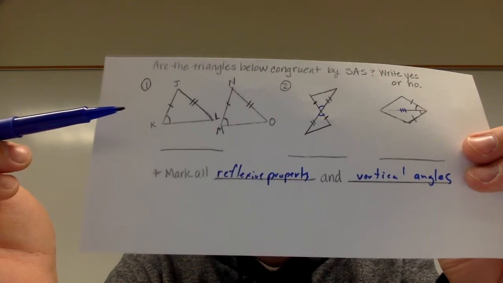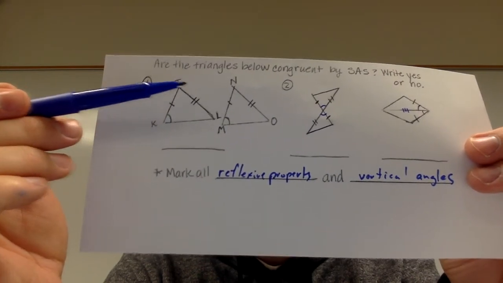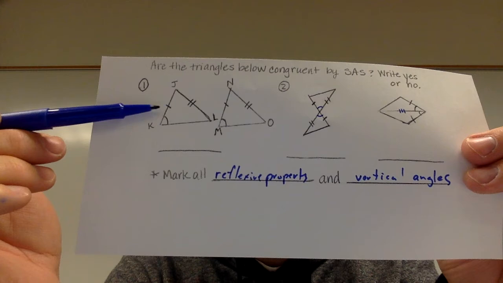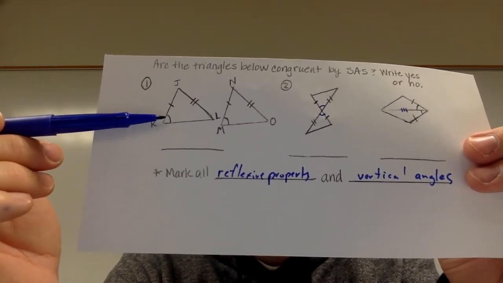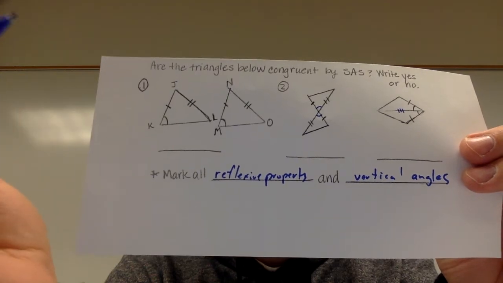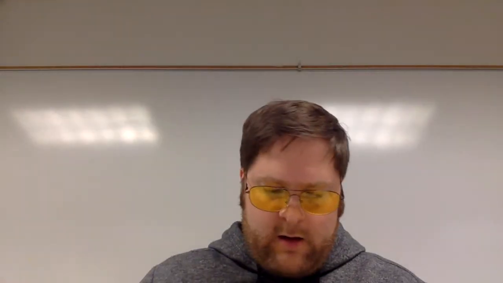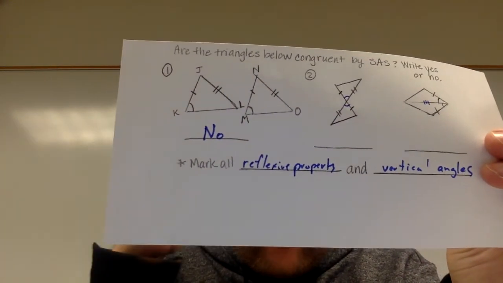That's not the case, because this side's way over here. If this was going to be side, angle, side, it'd have to be this side, this angle, and that side, and it's not the case because this angle is not between the two sides that are congruent. So this would be a big, fat no. Those are not congruent by side, angle, side.